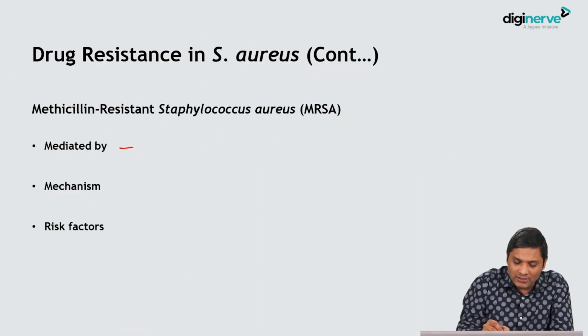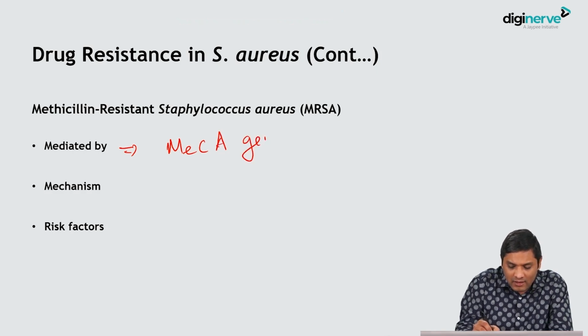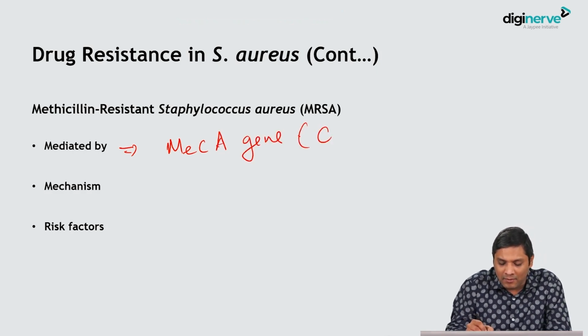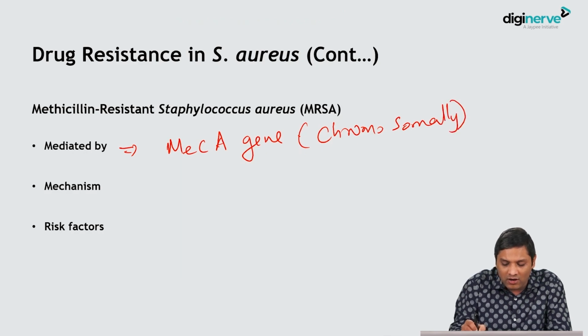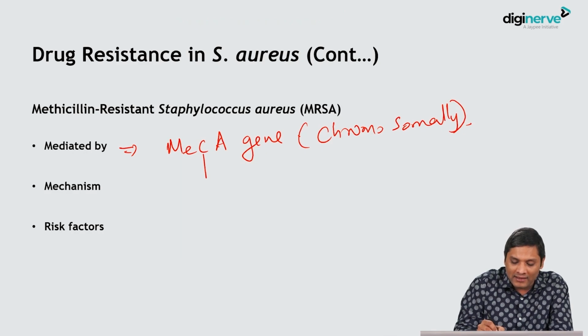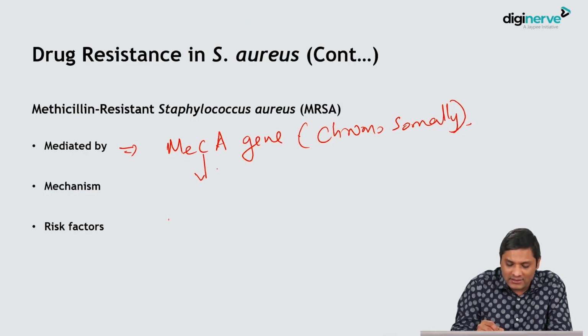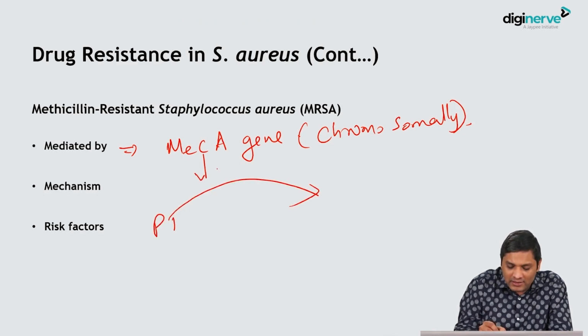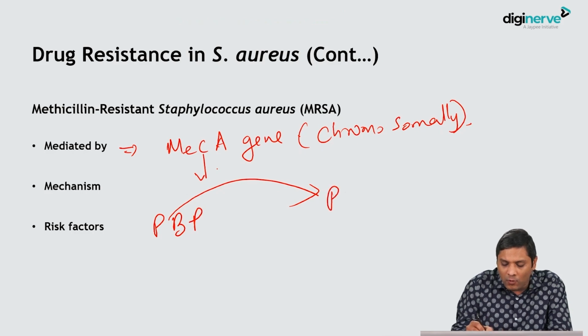Let us discuss MRSA in detail. As I told you, it is mediated by a chromosomally located gene called the mecA gene, and what this mecA does is alter penicillin binding protein to penicillin binding protein 2A.